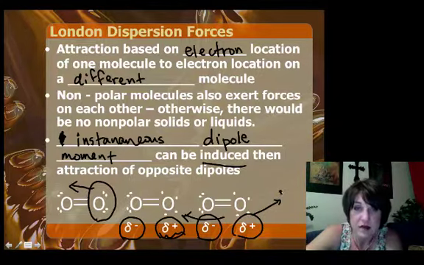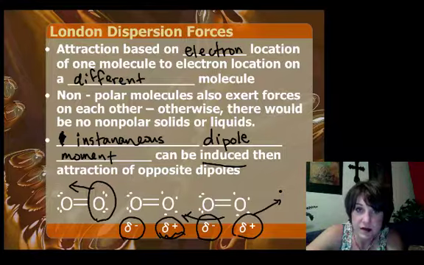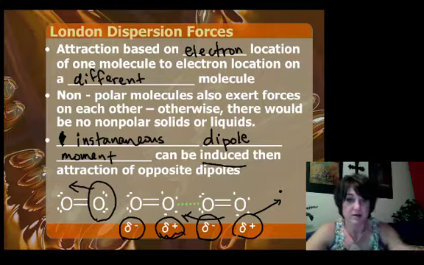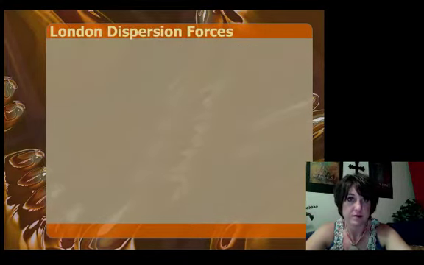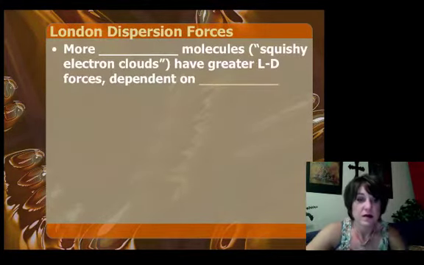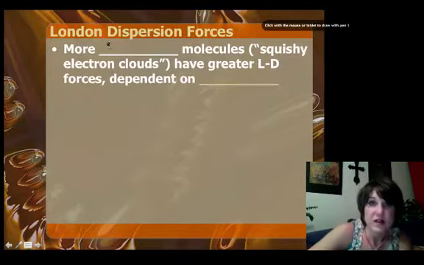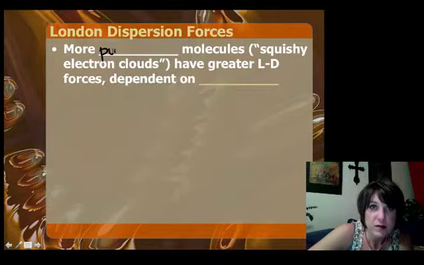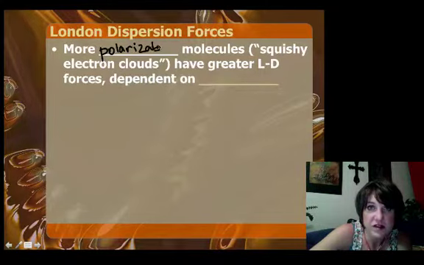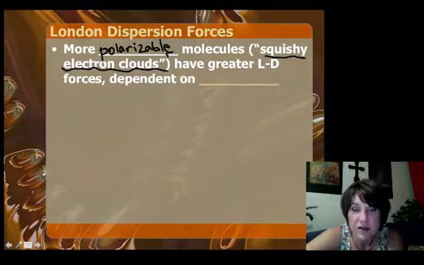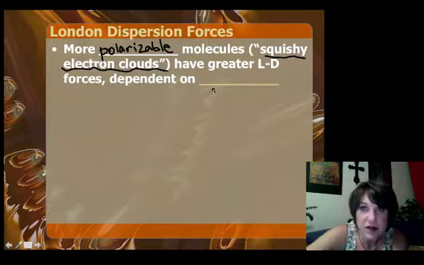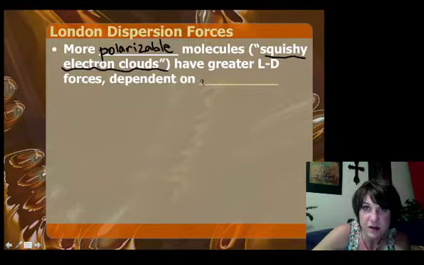So that's how the dipole moments can be induced and cause an attraction. If there are more electrons available, then we would call it a more polarizable molecule. You could think of this in terms of having squishy electron clouds. The more electrons there are available to shift around, the greater the London dispersion forces will be.